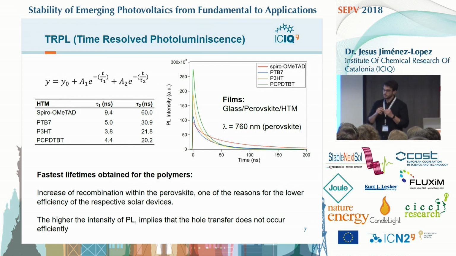The better the hole transfer, the less intense and the shorter-lived the photoluminescence will be. In this case, we found the best hole transfer for spiro-OMeTAD, then for PTV7, P3HT, and PCPDTVT, which correlates with the different currents that we obtain from the JV curves.